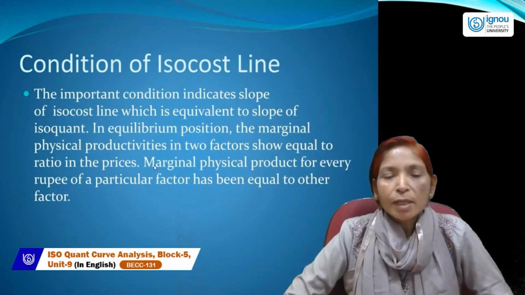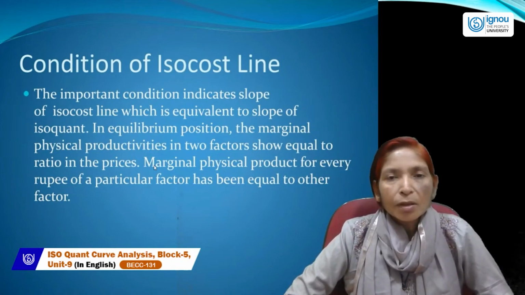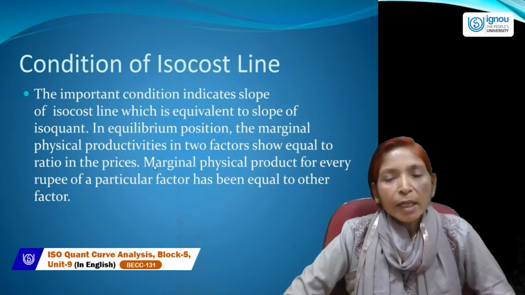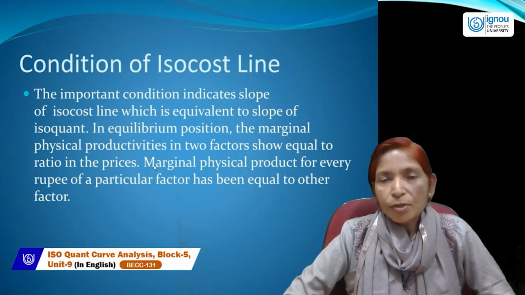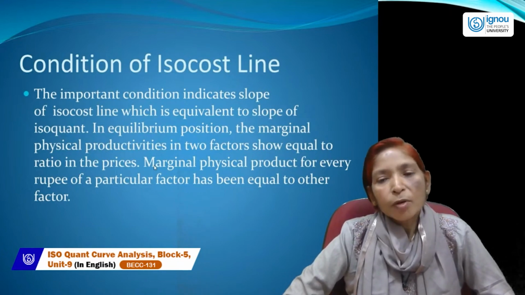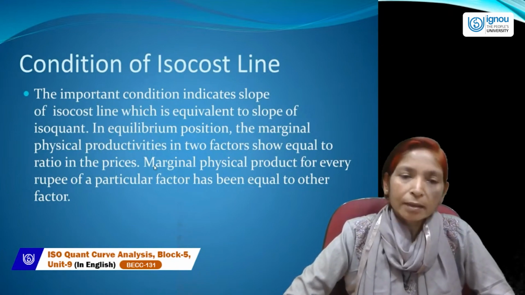Conditions of isocost line. Isocost line is always downward sloped or negatively sloped. The important condition is that the slope of isocost line is equivalent to the slope of isoquant. In equilibrium position, the marginal physical productivities of two factors are equal to the ratio of the prices, and the marginal physical product for every rupee of a particular factor is equal to that of the other factor.